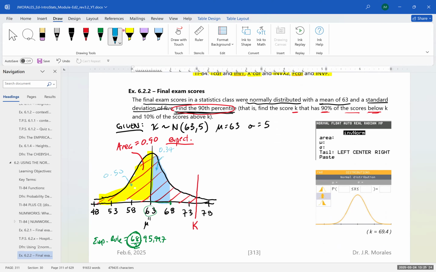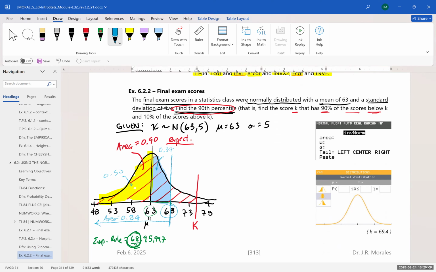Now this yellow area plus this blue area gives me a total of 84%. So from this mark to the left, that's an area of 0.84. So I know that my value of K has to be greater than 68.